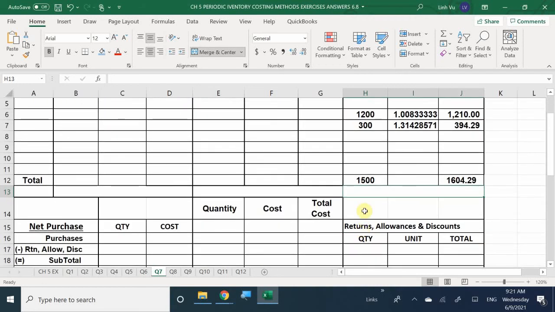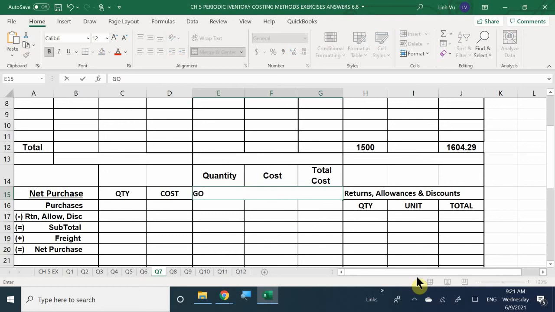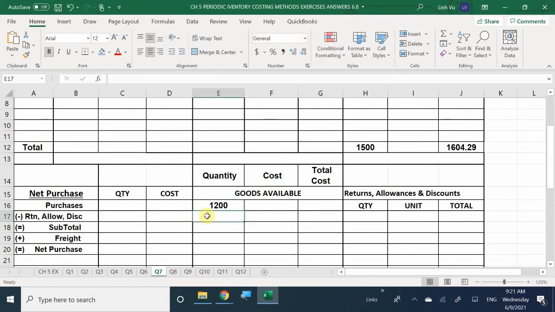And what I'm going to do here, just like what we did in the other worksheet, is make this my goods available. I'm going to place these because these are considered my first batches that I purchased, and transfer them over in exactly the same order that I have here.